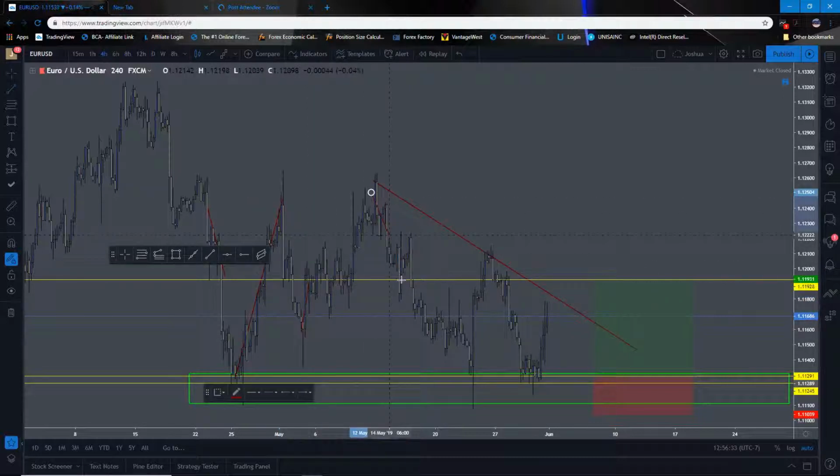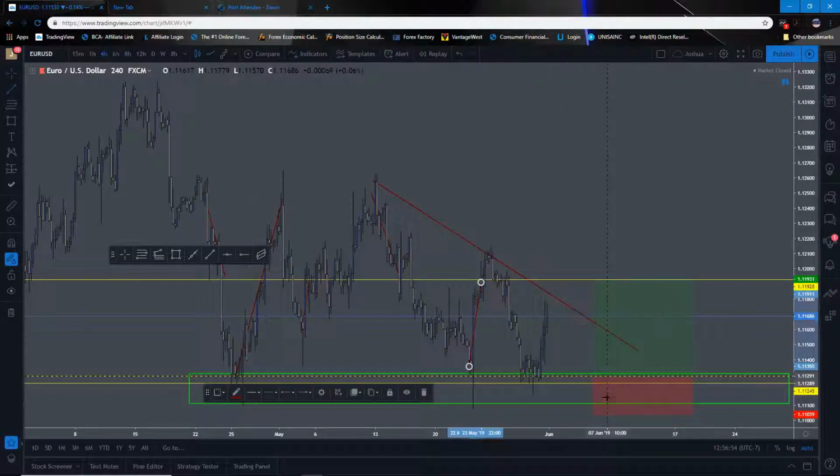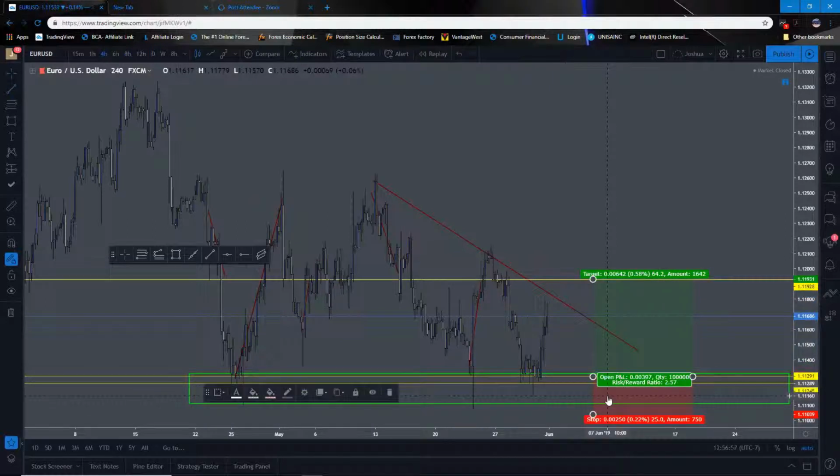Price came down here, hovered around. Price came up here, resisted, then went through. Same thing here, and now it's here. So as we get narrower and narrower from the trend line and the floor, we're going to be looking for an opportunity to buy at the lowest point. So right here would be my entry. My stop loss would be a 25 pip stop loss, and my take profit one would be roughly 60 to 65 pips.